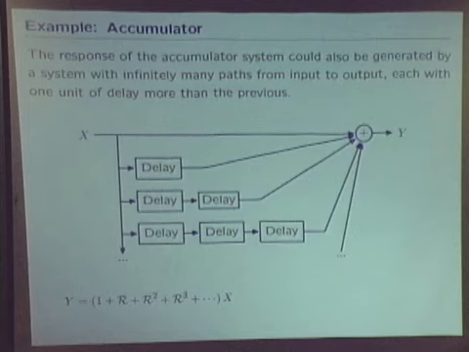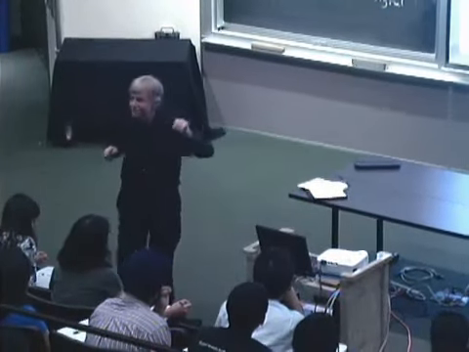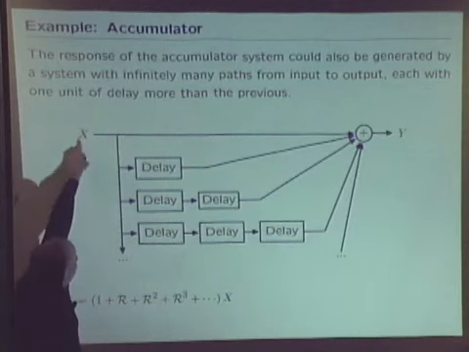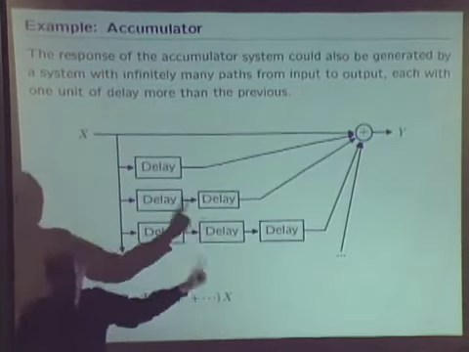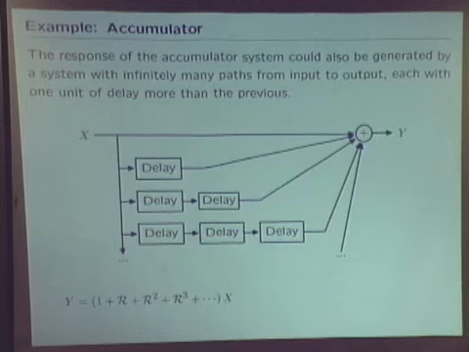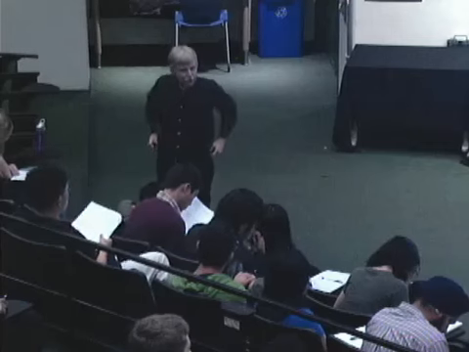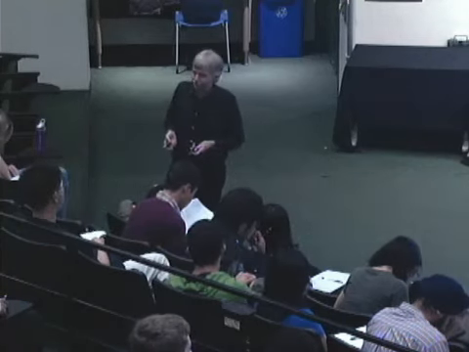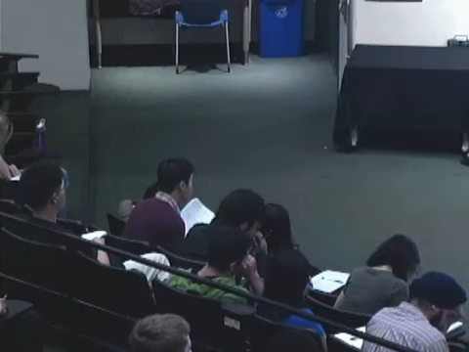I've taken a system that was not imperative, and I've turned it into a system that is imperative. This system gives me a recipe for how to do things. Start with x, delay it by 1 and add it, delay it by another one and add it, and so on. I've converted a declarative statement about how the system should work into an imperative statement about how the system should work. And I've got an equivalent system representation like this.